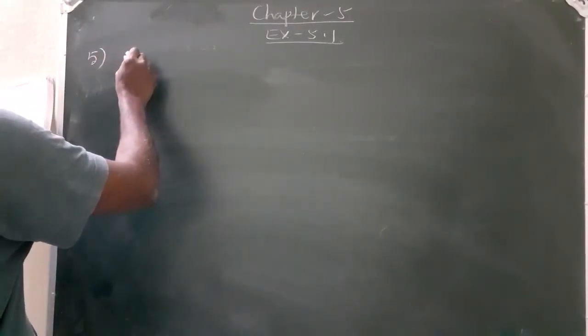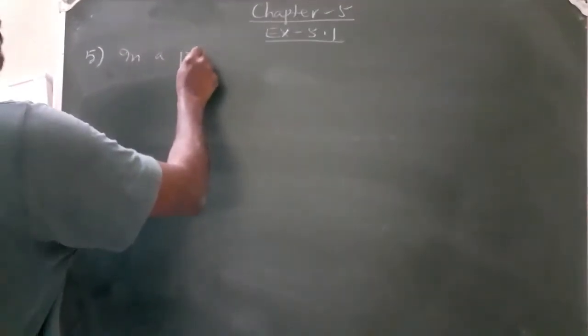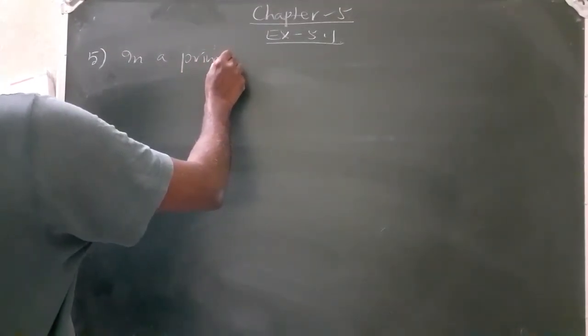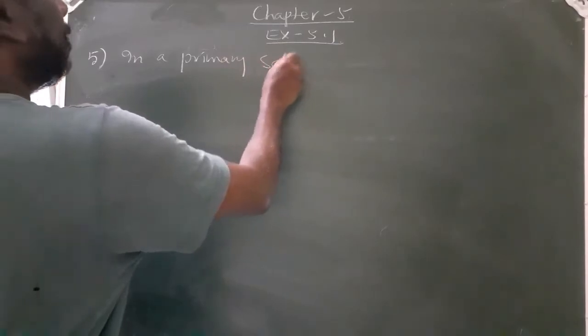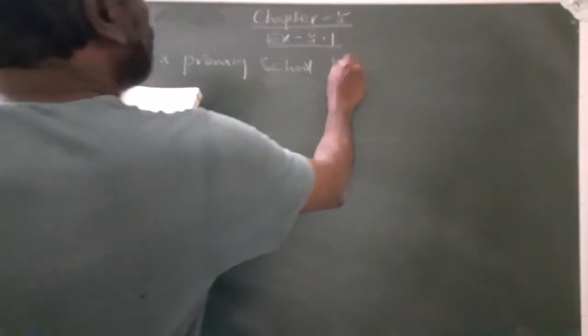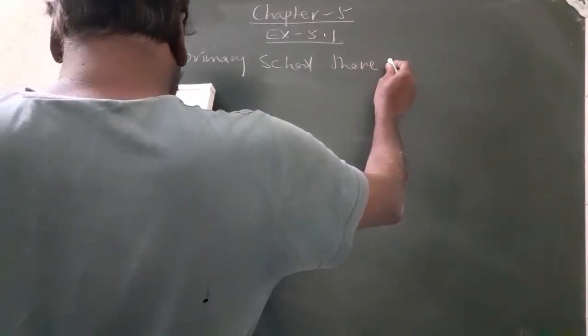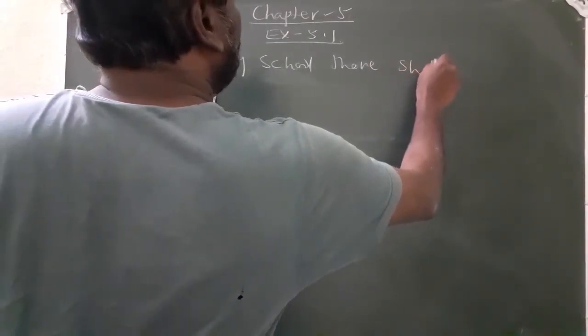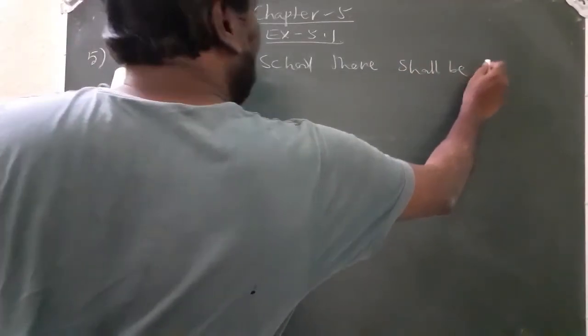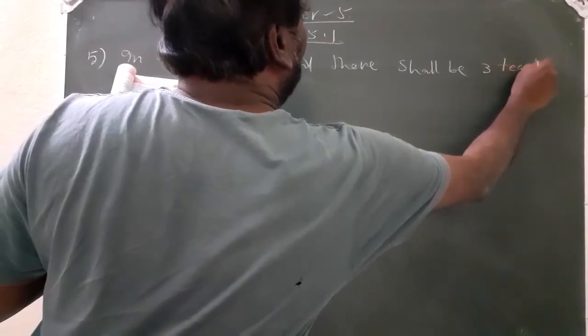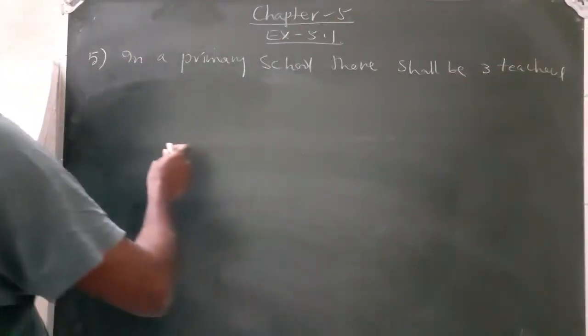Fifth one. In a primary school, there shall be three teachers to 60 students.